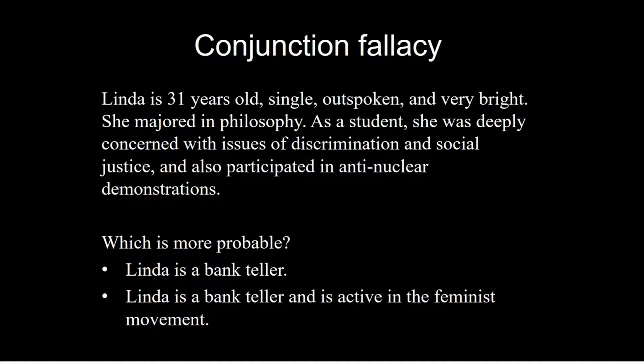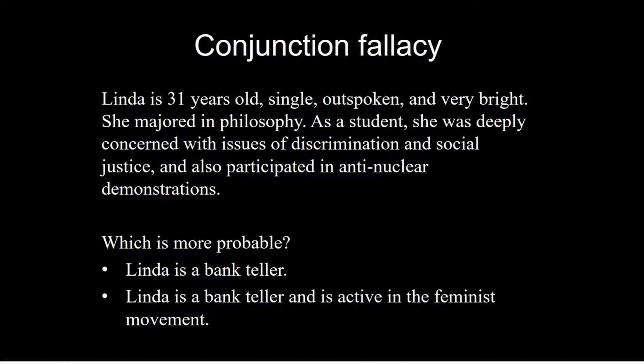It's funny to see that the relevant social issues in the 70s and 80s were different from now. And so the question is, which is more probable? That Linda is a bank teller, or that Linda is a bank teller and is active in the feminist movement? A lot of people will say the second, again, because it seems very consistent with that. But here, the reason that this is absolutely not true.